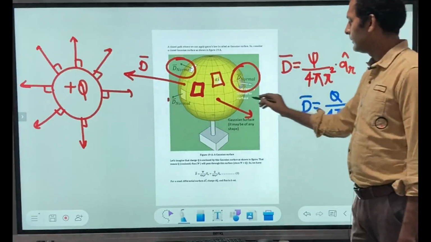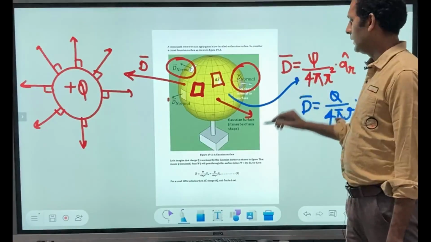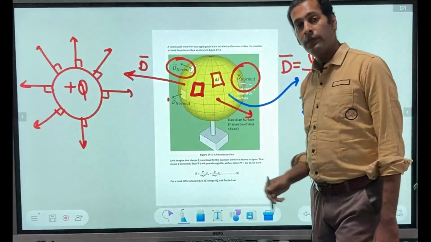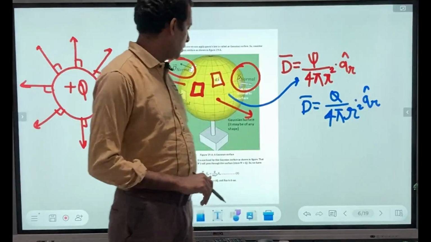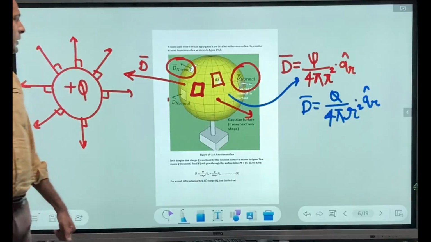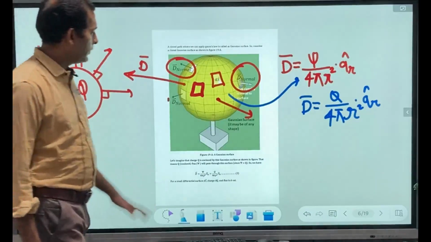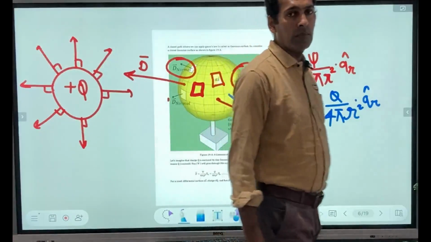Now this area is for this sphere. It can be differential surface also, or it can be any other volume also, but here in this case we are considering it as a sphere, so we are taking the example of sphere.